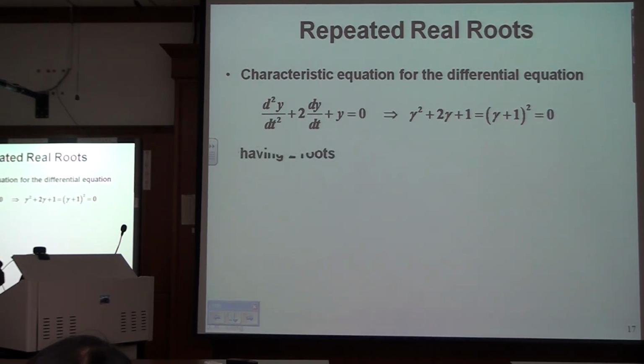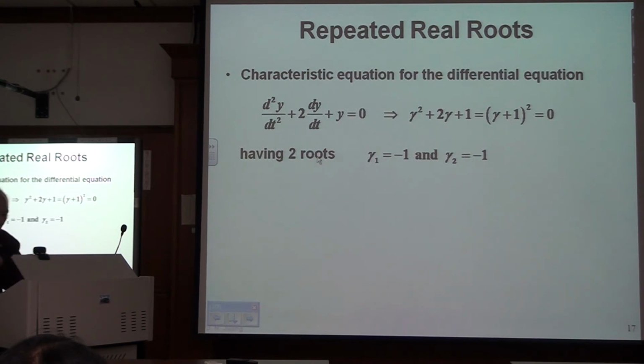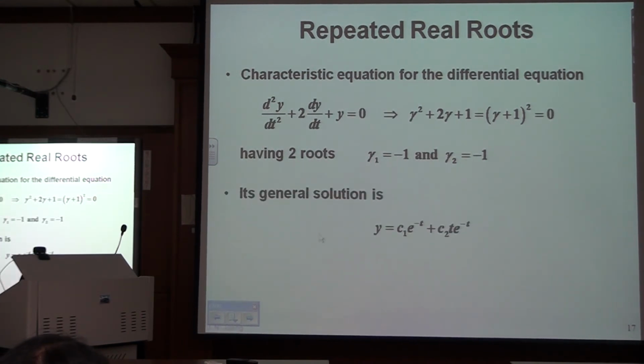Now, what are the characteristics of repeated roots? Assume we have gamma 1 equal to minus 1, gamma 2 also equal to minus 1. Then what happens? What is the solution of this? We are talking about the homogeneous solution. We are not talking about any forcing function yet.